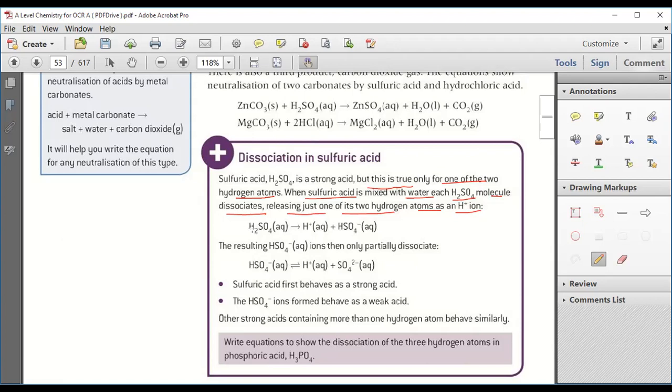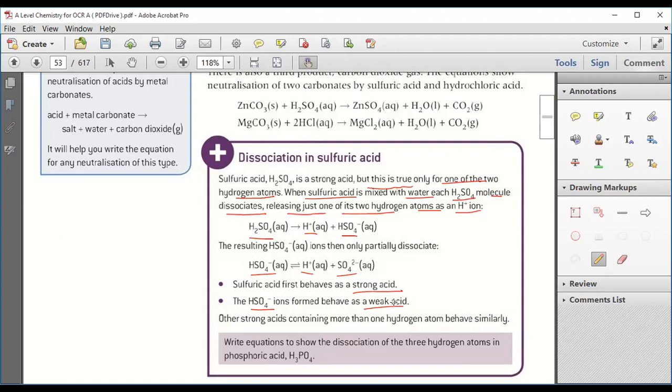H2SO4 first gives you H positive and HSO4 negative, and this HSO4 negative gives you H positive and SO4 minus 2. So sulfuric acid first behaves as a strong acid, then the HSO4 negative ion is formed and behaves as a weak acid. Clear?